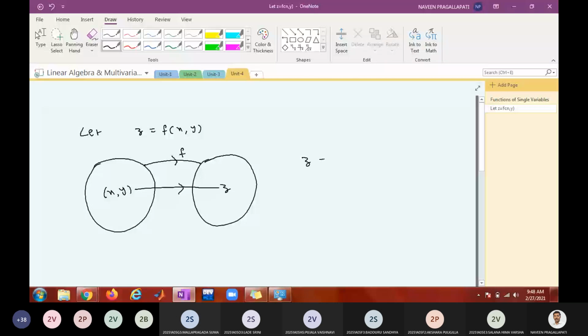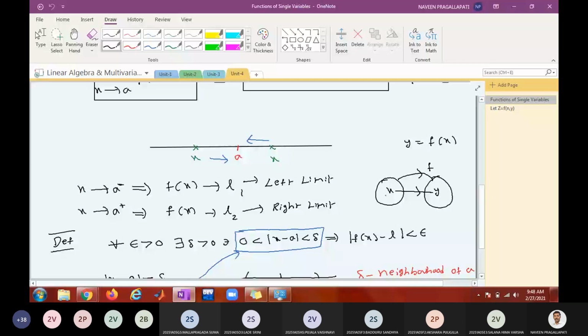What is the input of this function? Input is the ordered pair x comma y. Output is z. Z is real. What about the ordered pair x comma y? Is it real? Where do you see x? You can see x on the real line.